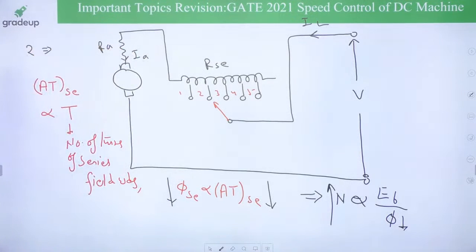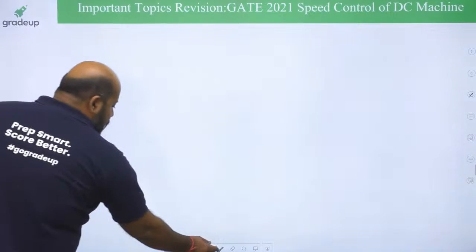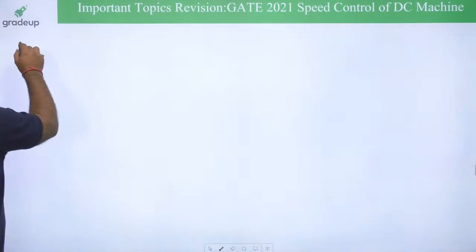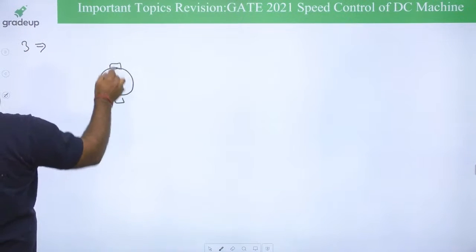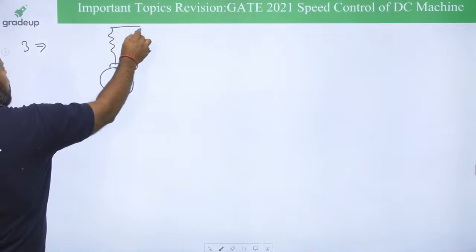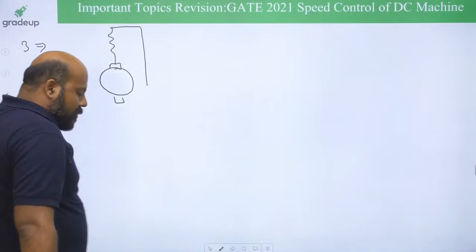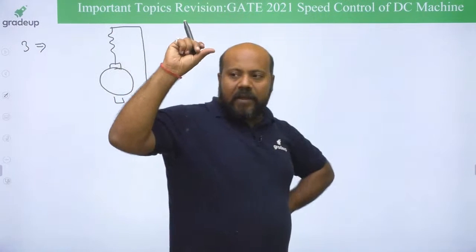The next method is series parallel combination of the field winding. What is that? Again, suppose this is your series motor armature resistance. Now what we are going to do, have you ever eaten that Kit Kat chocolate?